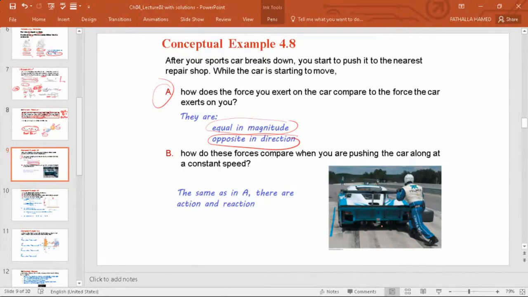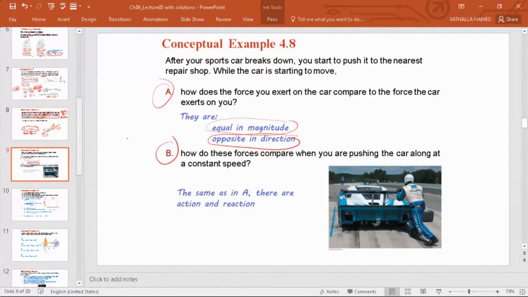So for example, if there is no car in front of the driver, he will not feel it. He will be walking, but he's not going to feel the effect of that car. But if he starts pushing the car, he's going to get more tired and feel the effect of that. So there is a force exerted on him by the car. And by Newton's third law, it will be equal in magnitude and opposite in direction.